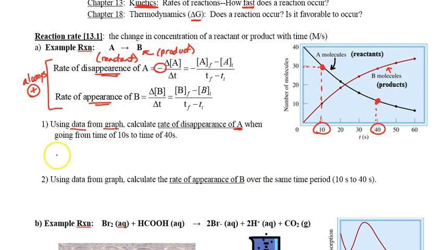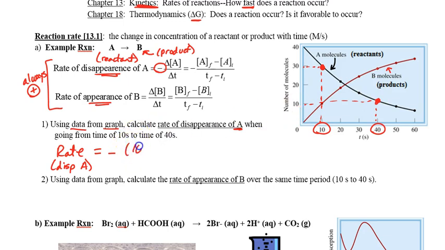So what we're going to do is the rate, and remember, this is the disappearance of A, is going to be equal to the negative of the change in concentration of A. So it's always final minus initial. So the final concentration, we're just doing numbers of molecules. You could do it in molarity, would be 10.